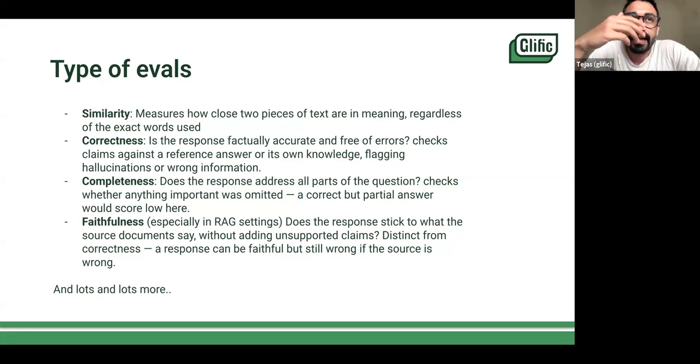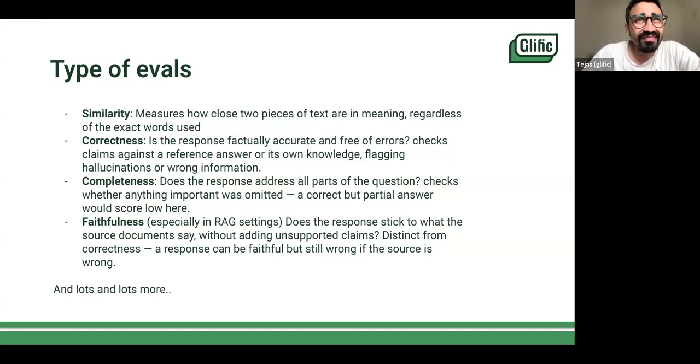By running an eval on your AI assistant, you can determine how close two pieces of text are in meaning, regardless of the exact words used, because two sentences can convey the same meaning even though the words may not be the same.